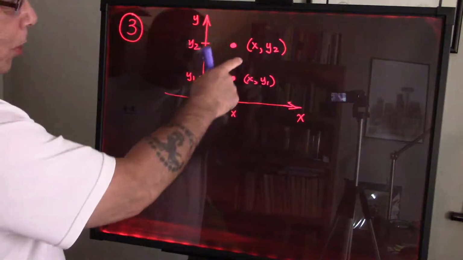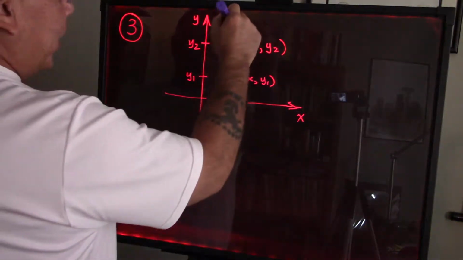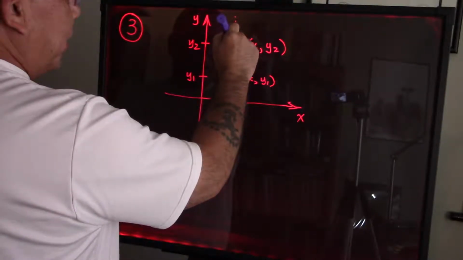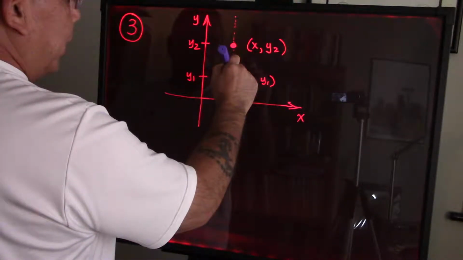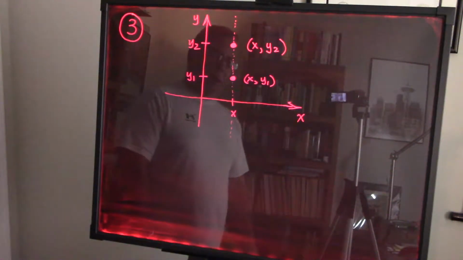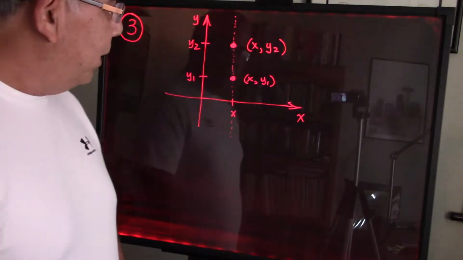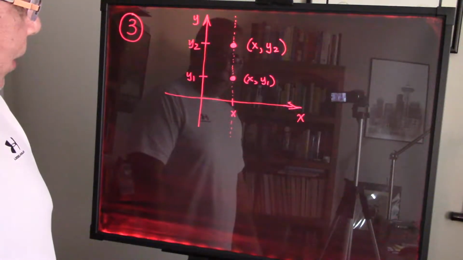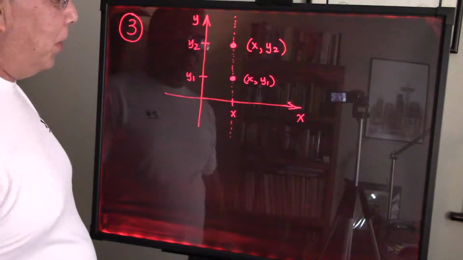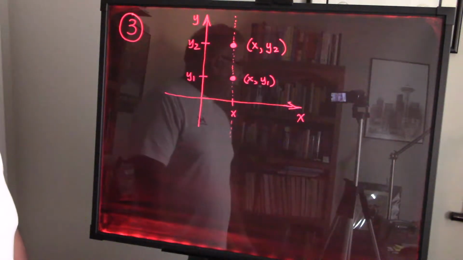Now, if it's got the same first coordinate x, it's going to lie on a vertical line x equals that value. So what we have here is 2 points on this relation which lie on this same vertical line. So the vertical line test shows us that it's not a function because it hits, so to speak, the points of this relation more than one time.